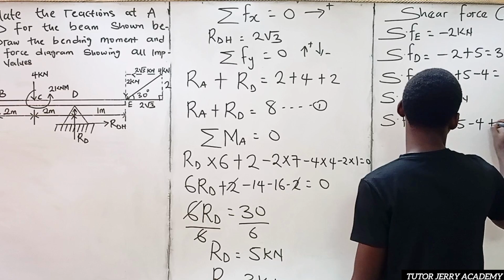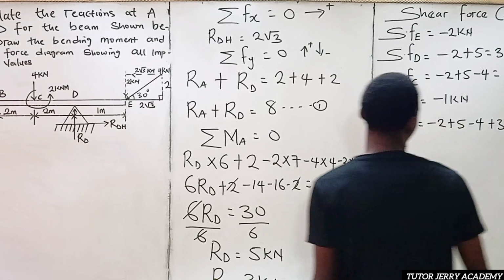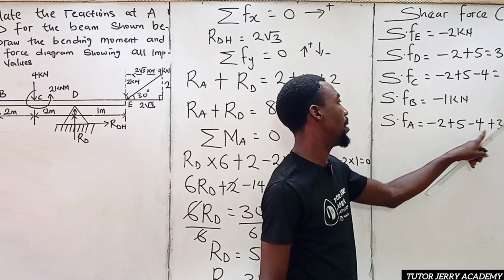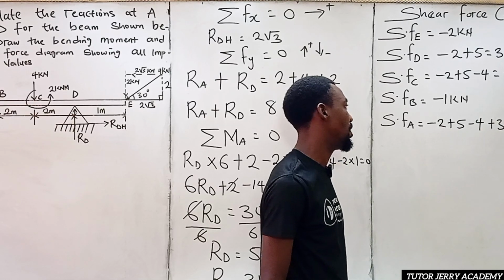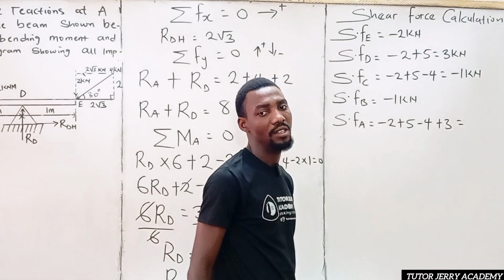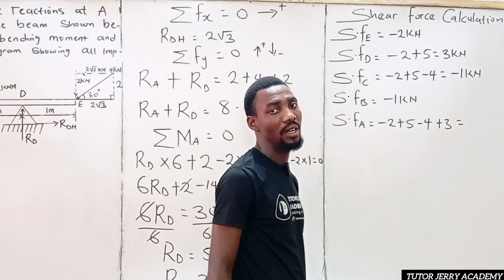So plus 3. So that will be equal to minus 2 minus 4, that is minus 6, plus 8, that is 8 minus 6. So that is going to give us 2, right?